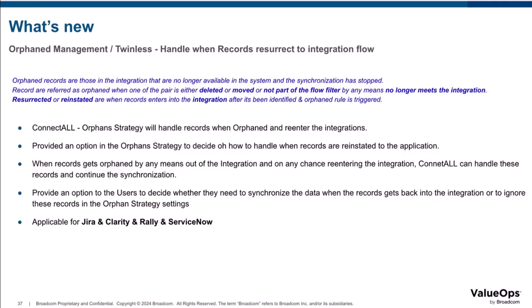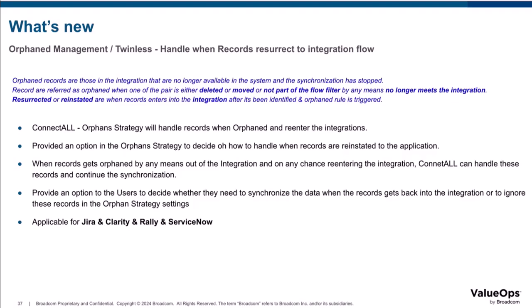And at times these records get reinstated back into the integration. For example, in Rally, when a record gets deleted, it is a soft delete, which means it goes into the recycle bin, and within 30 days you can recover it from the recycle bin.